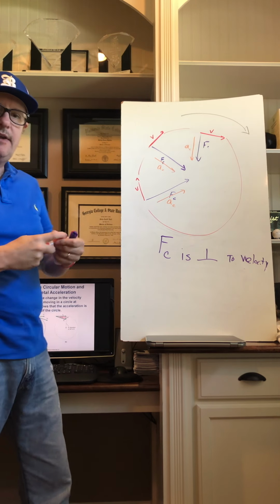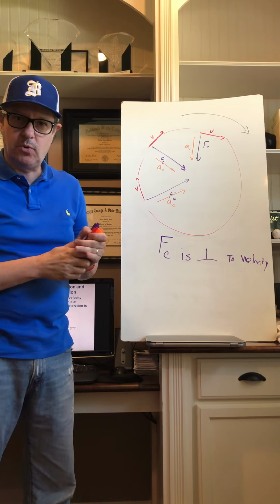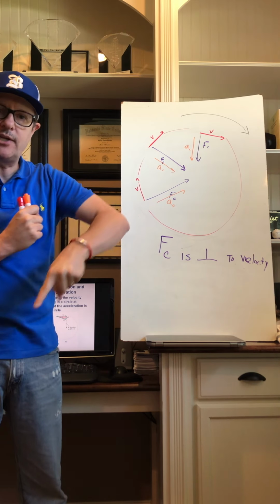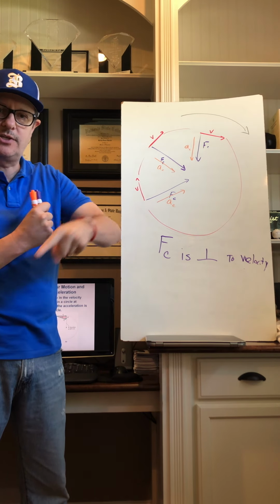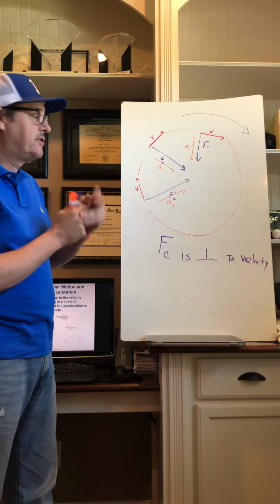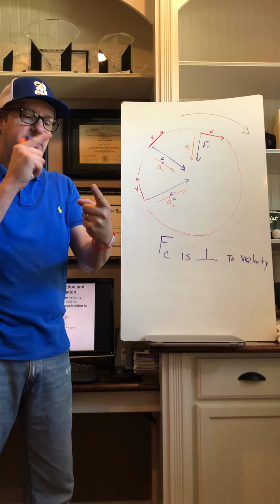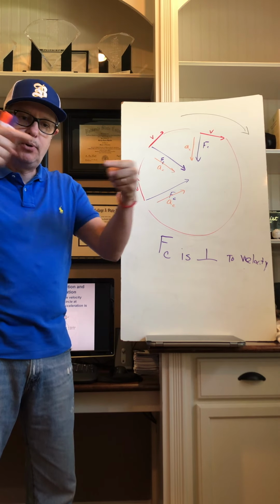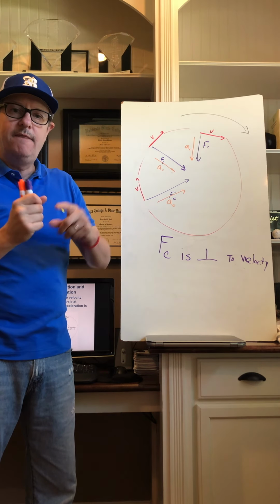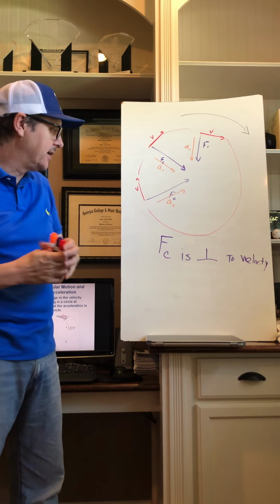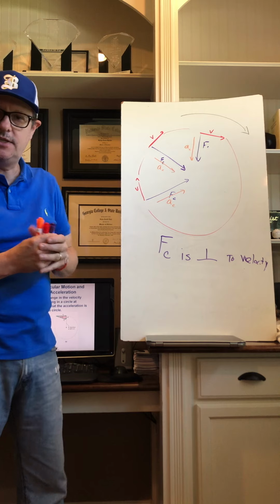So not only do you have a centripetal force acting towards the center, you have the centripetal acceleration in the same direction as the net force, in the same direction as the centripetal force. So you have two terms, both centripetal, both center-seeking. You have a centripetal force that pulls things towards the center that causes the centripetal acceleration of the object. The net force causes the acceleration.